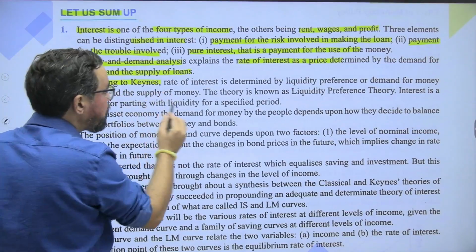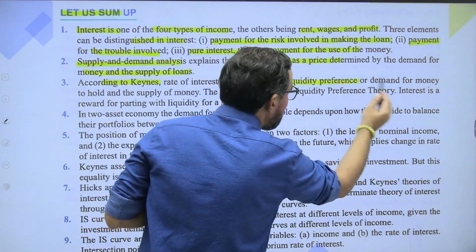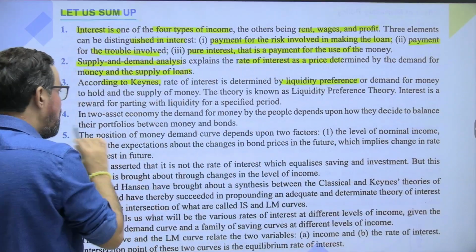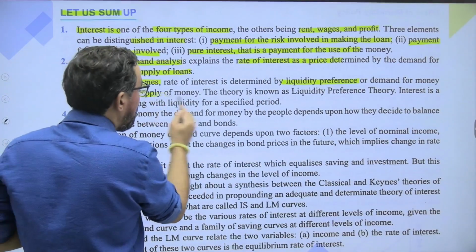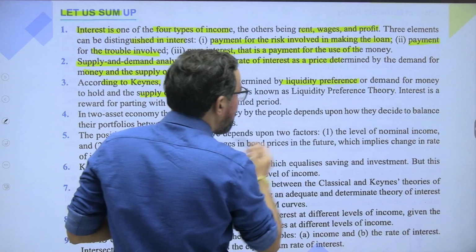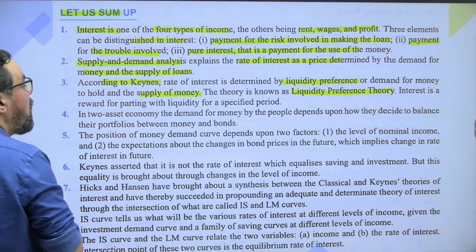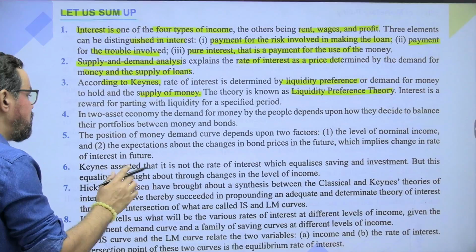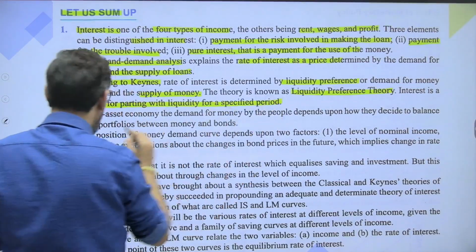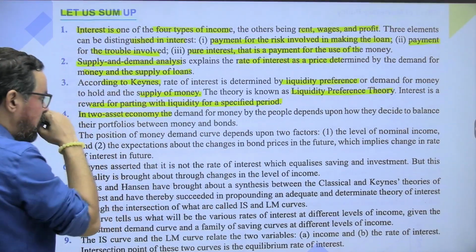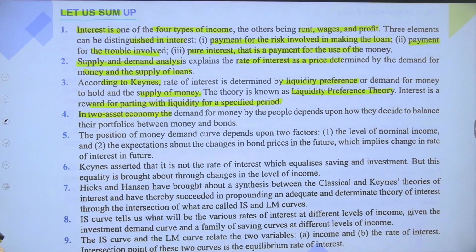According to Keynes, the interest is determined by liquidity preference, or demand for money to hold, and supply of money. The theory is known as the liquidity preference theory. Interest is the reward for parting with liquidity for a specified period. In an asset economy, the demand for money by the people depends on how they decide to balance their portfolios between money and bonds.